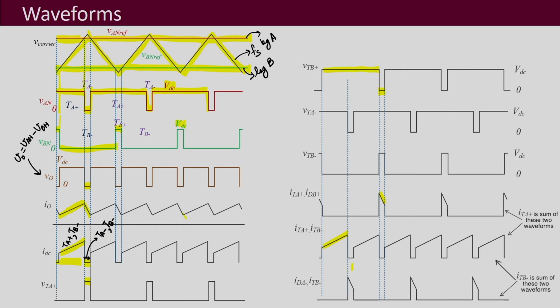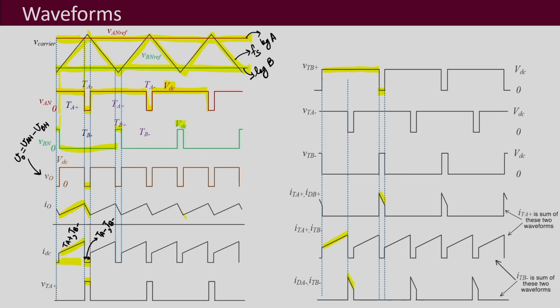And then whenever the lower two switches are on, diode DA minus and TB minus are carrying the current. At that time they will have the load current. So this is the current waveform through IDA minus and ITB minus.